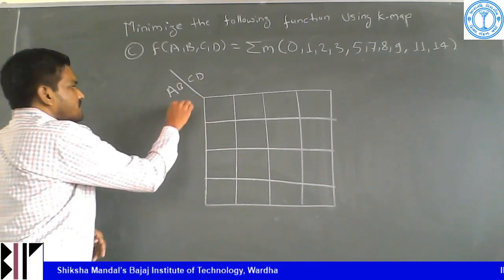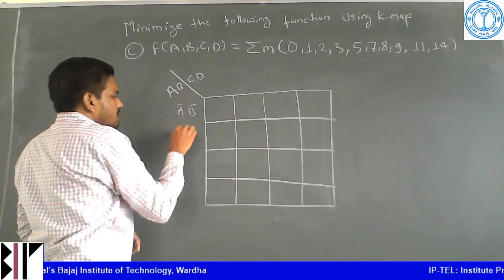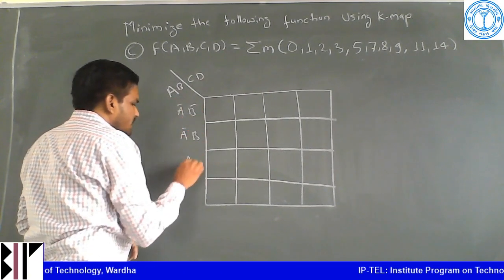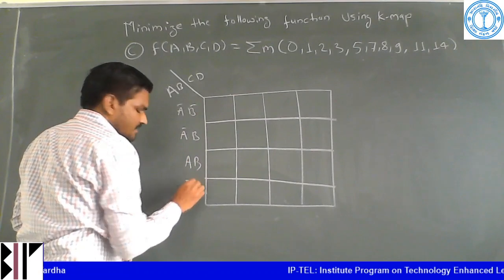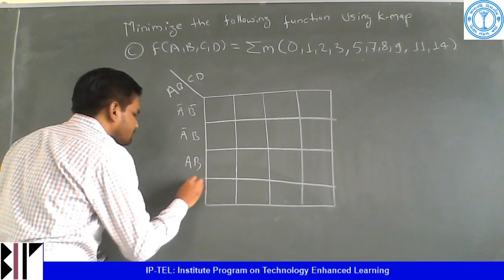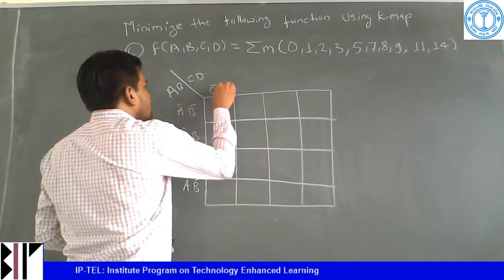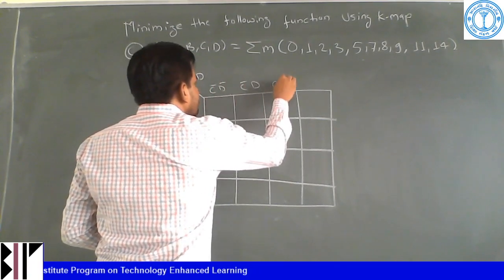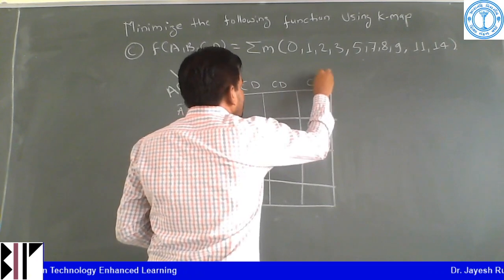I am writing its labels: A bar B bar, A bar B, then A B, and then A B bar. For this, C bar D bar, C bar D, C D and then C D bar.